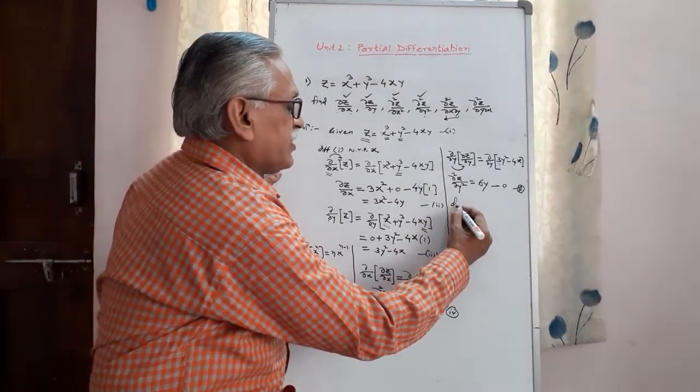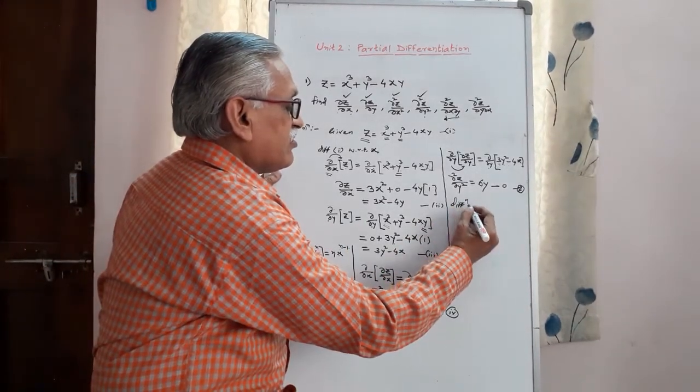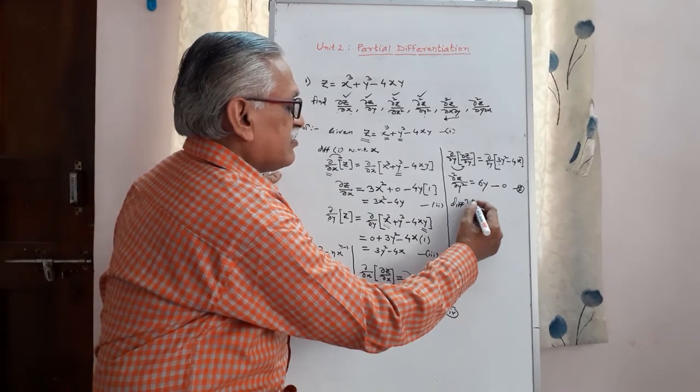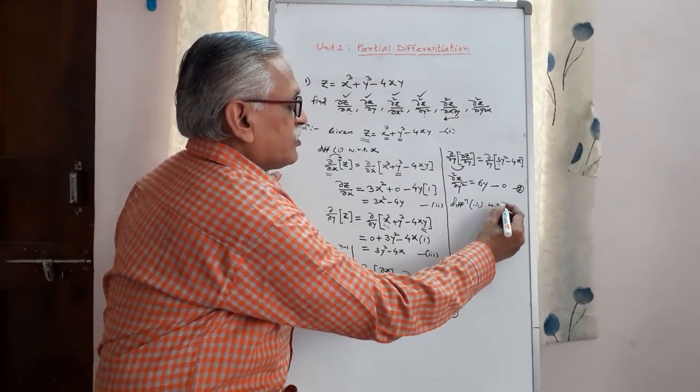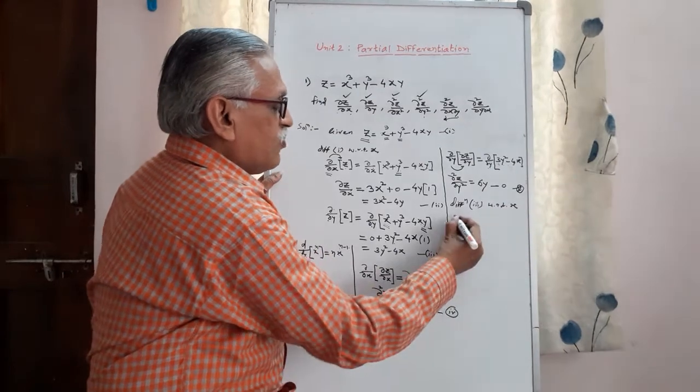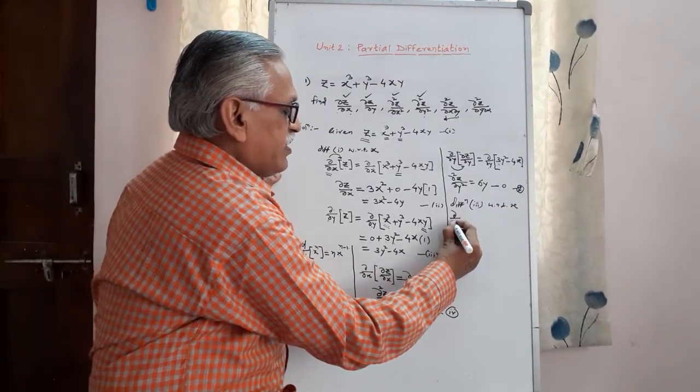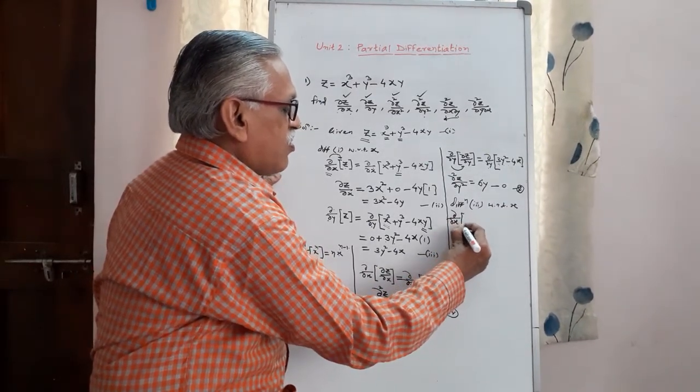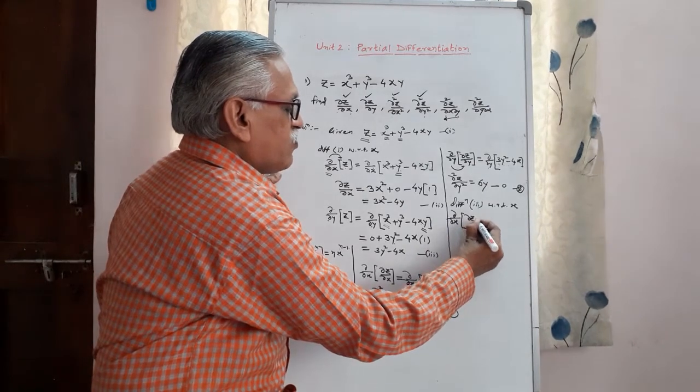Therefore, differentiating equation 3 with respect to x. How we write symbolically? It is ∂/∂x of ∂z/∂y.